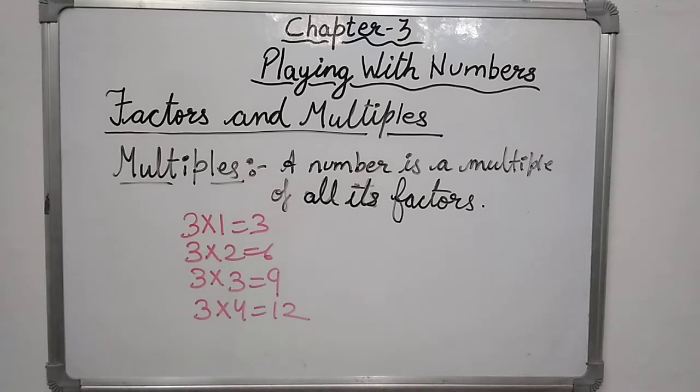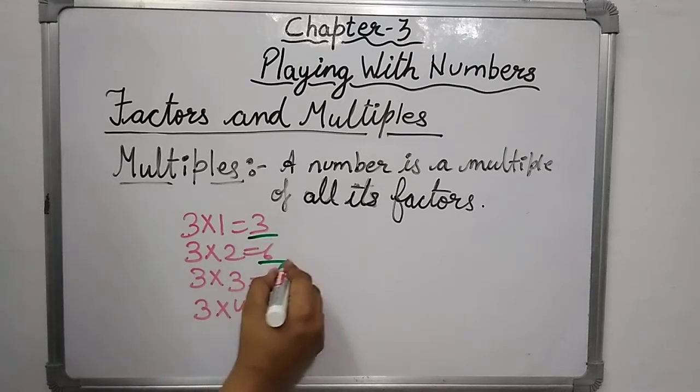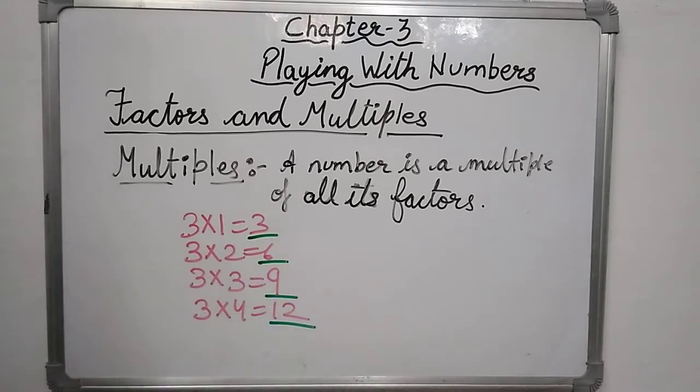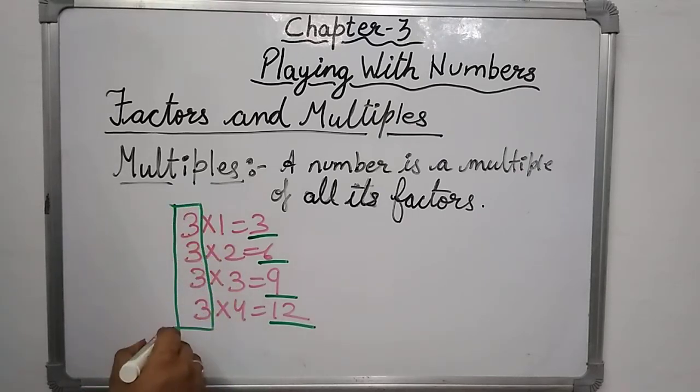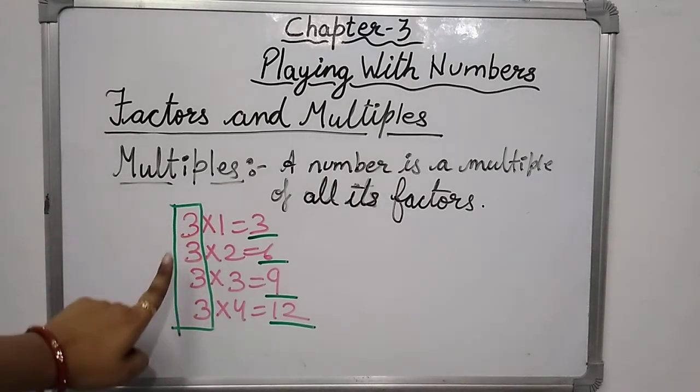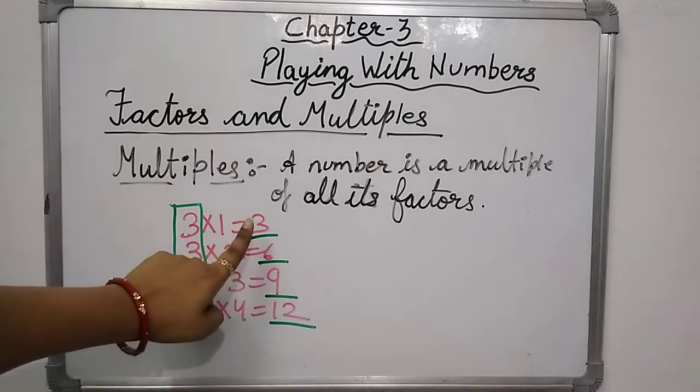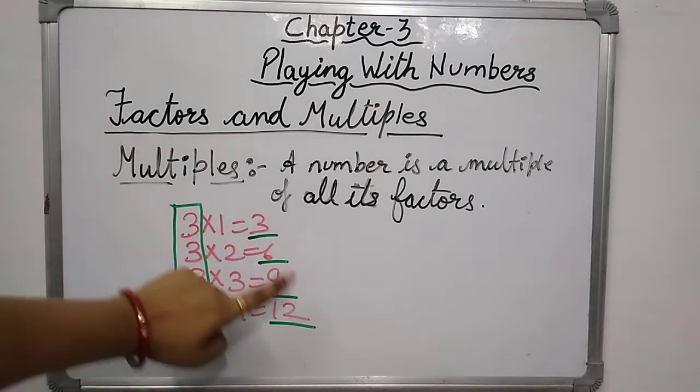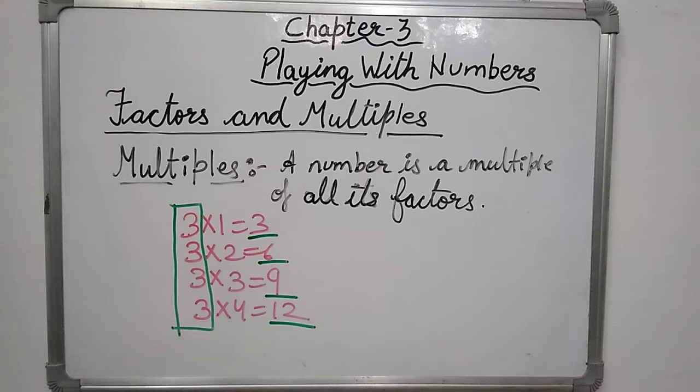When we multiplied 3 with 2, we get 6. When we multiplied 3 with 3, we get 9. When we multiplied 3 with 4, we get 12. So these 3, 6, 9 and 12 are multiples of 3, which means when you multiply this 3 with any number, the product of 3 and that number is a multiple of 3.